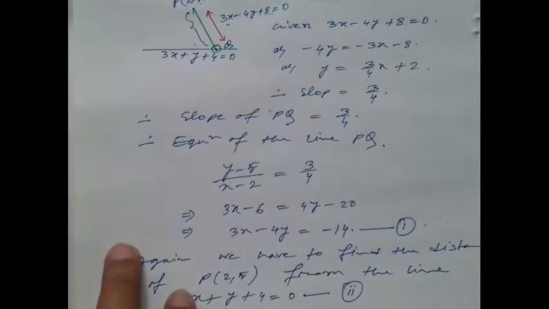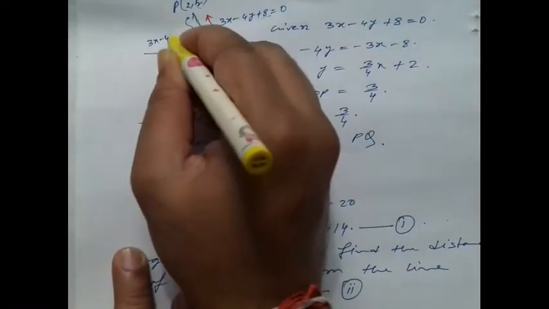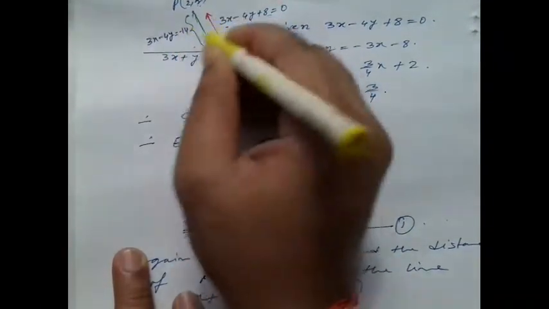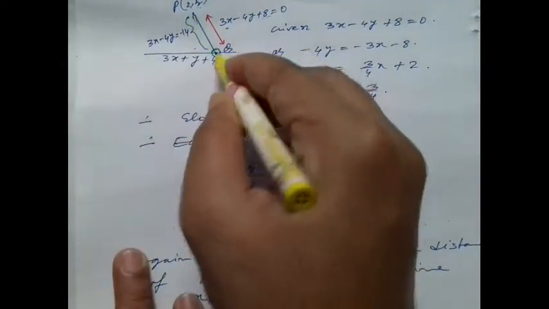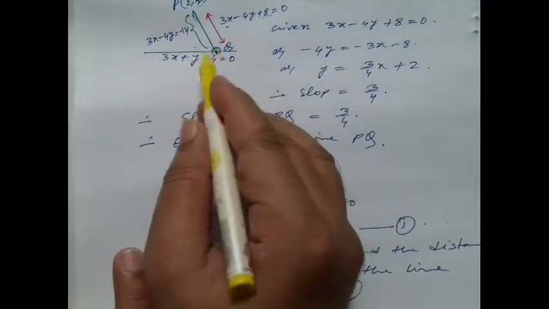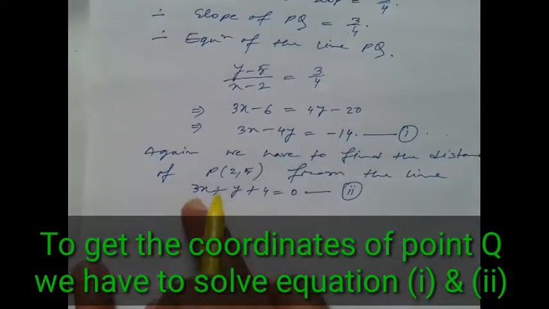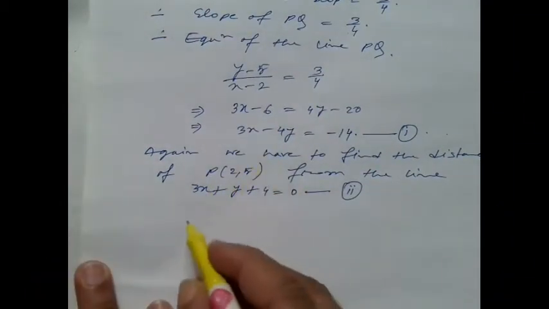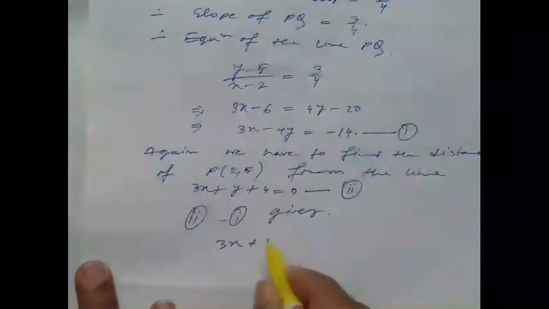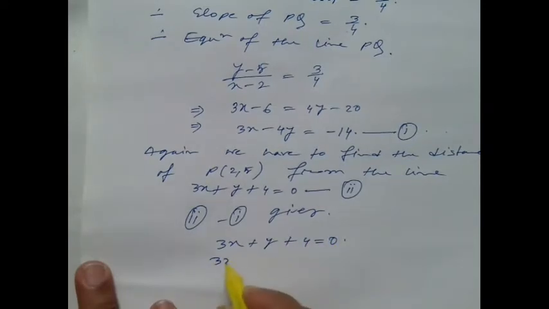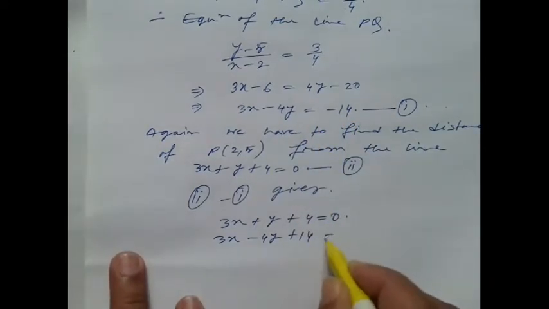Now see this one, the equation of this line we have got is 3x minus 4y equals minus 14. Both this line and this line have the common point Q. So we have to get the coordinates of Q by solving equations 1 and 2. Here the coefficient of x is already equal, so we just do 2 minus 1: 3x plus y plus 4 equals 0, and 3x minus 4y, taking 14 this side, plus 14 equals 0.